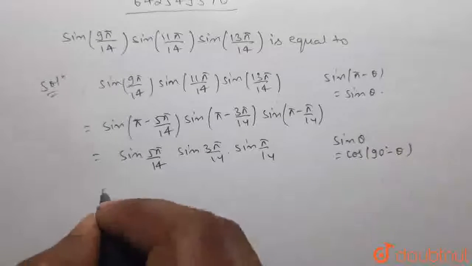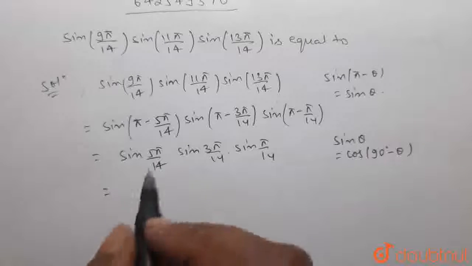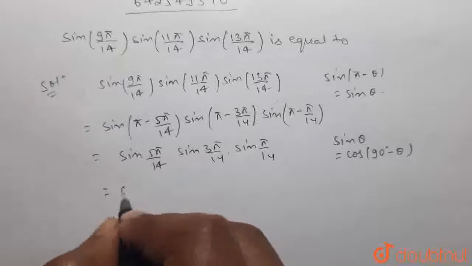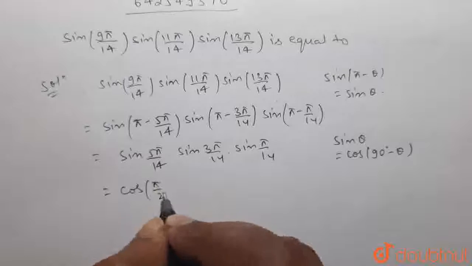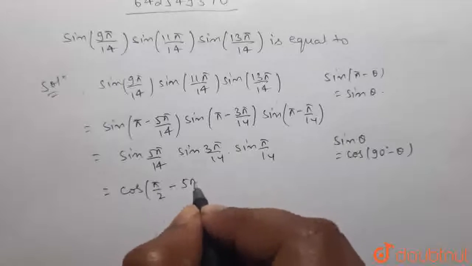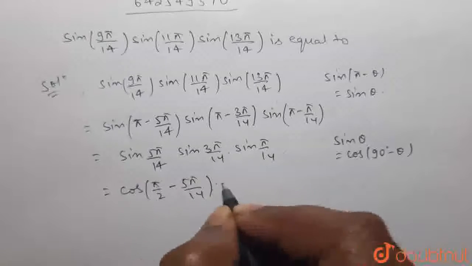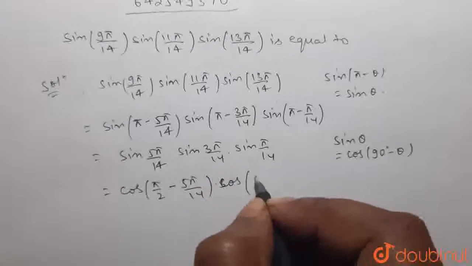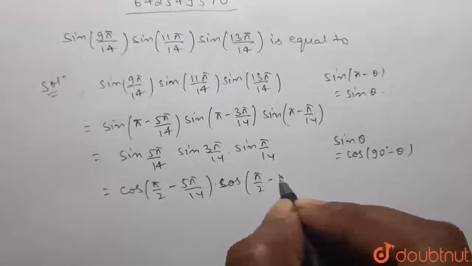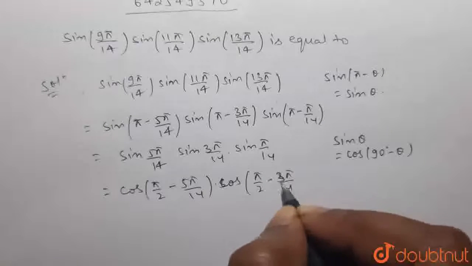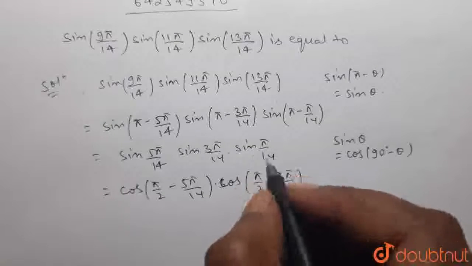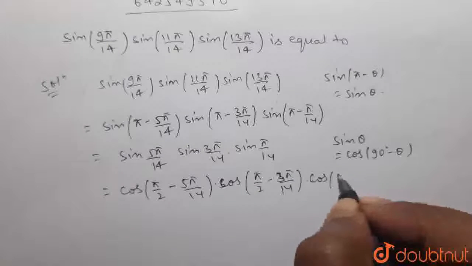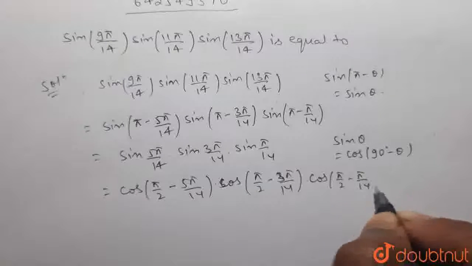So we can write sin 5 pi by 14 as cos of pi by 2 minus 5 pi by 14, into sin 3 pi by 14 can be written as cos of pi by 2 minus 3 pi by 14, into sin pi by 14 can be written as cos of pi by 2 minus pi by 14.